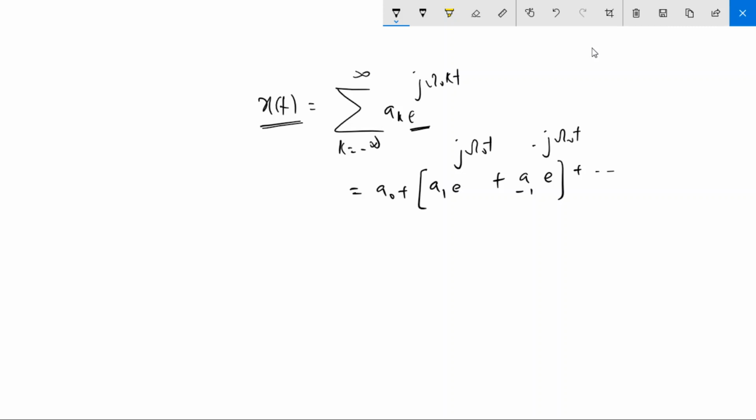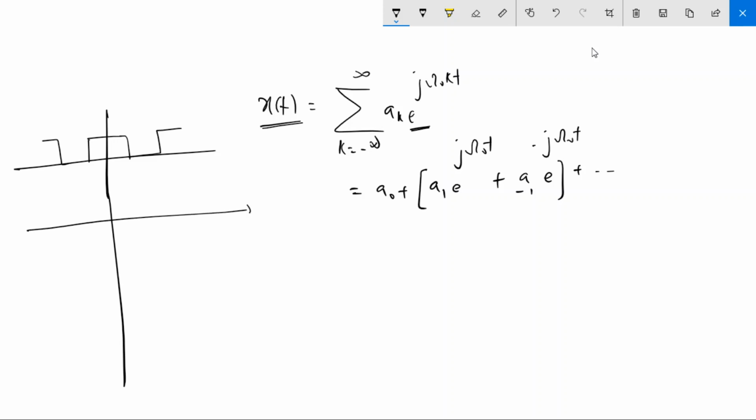Okay, so if you have a square wave, let us suppose you have a square wave like this, a periodic signal, I can generate this square wave from sine and cosine functions only. How does that happen? We are getting different frequencies, and all these frequencies are harmonics.